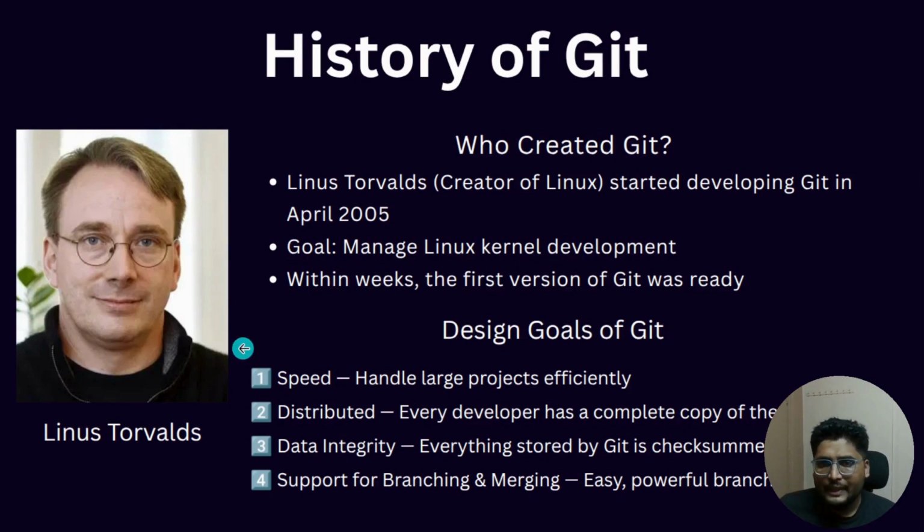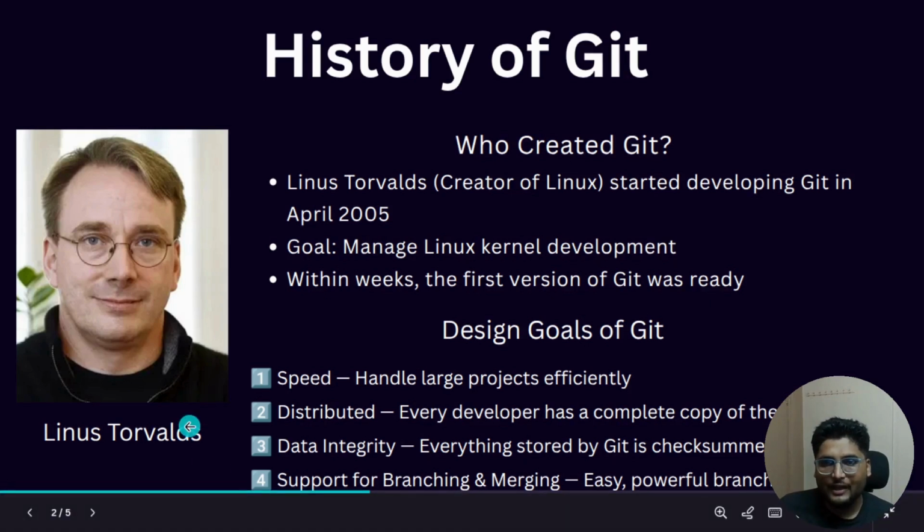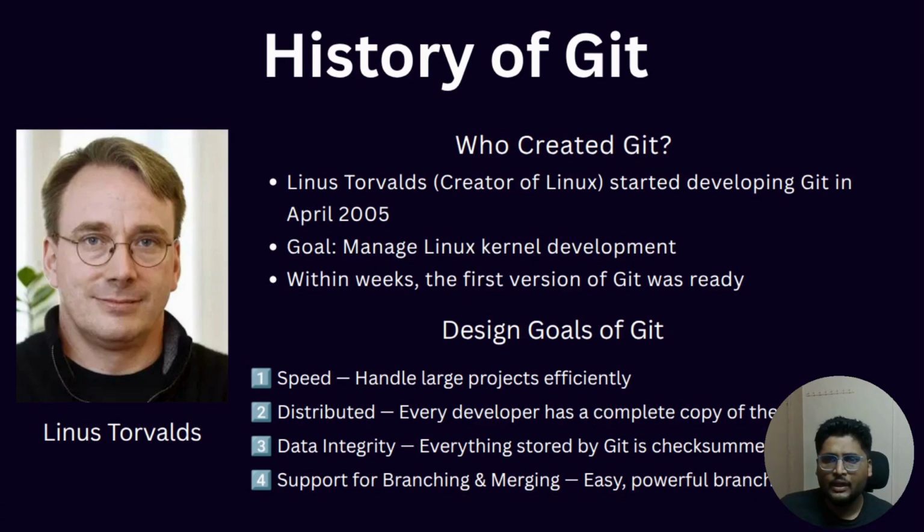Now, the actual design goals of Git, and why Git is important. First is speed: handle large projects effectively and efficiently. Second is distributed: every developer has a complete copy of the repository. Suppose one project has multiple developers; everyone can work on the one project and one source code.